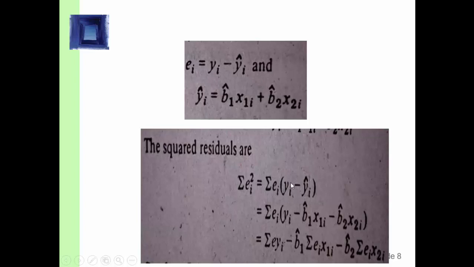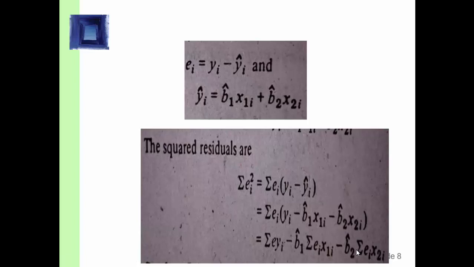By putting the value of y hat here, we get y minus b1 hat x1i minus b2 hat x2i. By multiplying summation ei with this whole equation, we get summation ei yi minus b1 hat summation ei x1i minus b2 hat summation ei x2i.